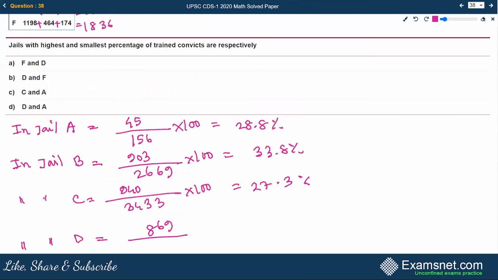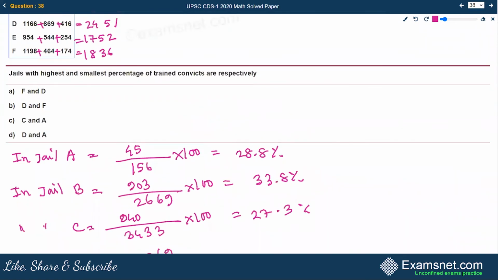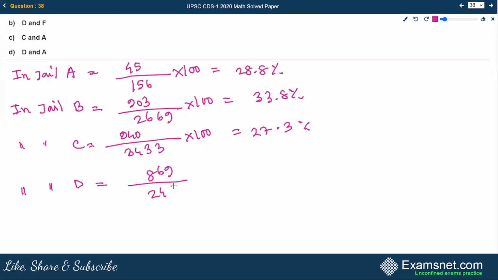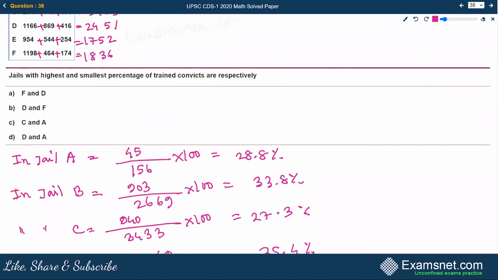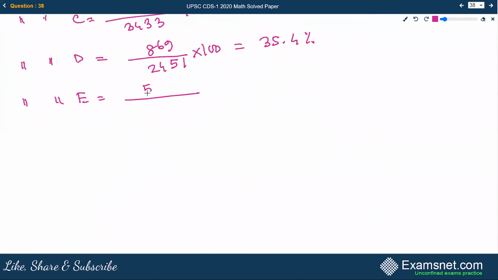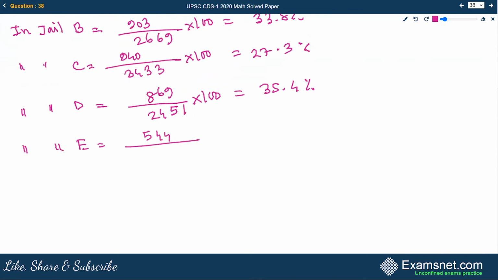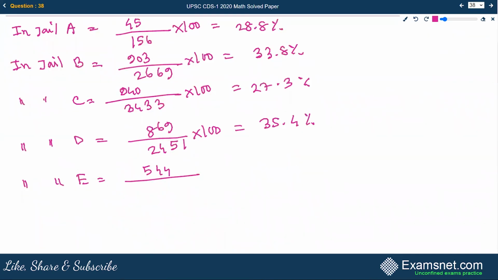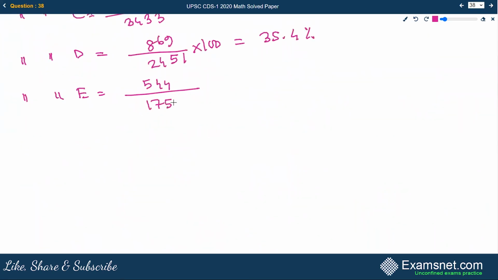and the total number of convicts 2,451 multiplied by 100 gives 35.4%. Next, in jail E, the number of convicts who got trained is 544, and the total number of convicts 1,752, multiplied by 100, gives 31.05%.